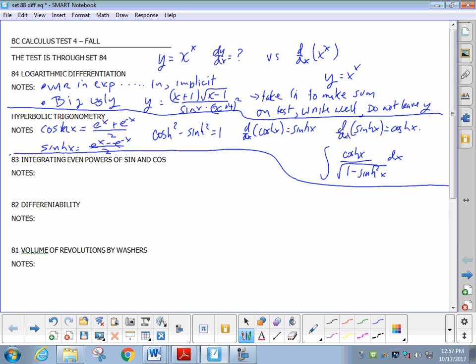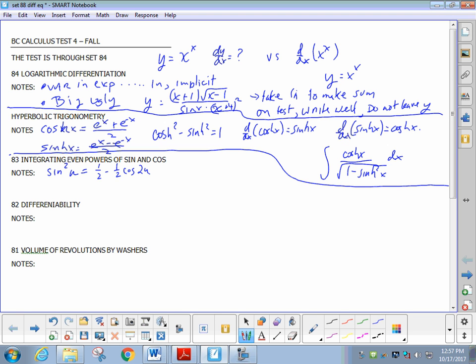All right, integrating even powers of sine and cosine. Surely you would need to know or study the power reduction identities. If you have sine squared, to integrate it, you reduce the power by using the identity. Sine squared is? Okay, now I'm using u because generally it's just the angle.